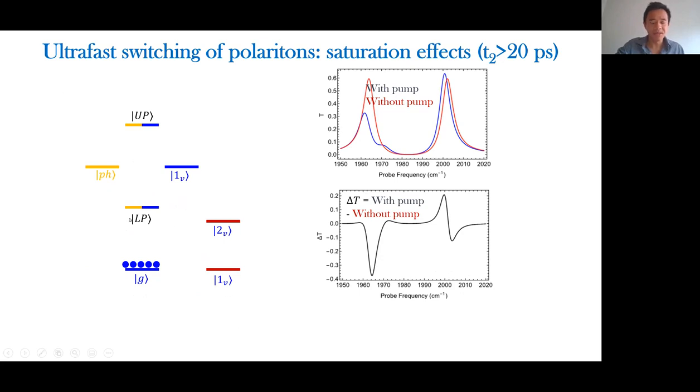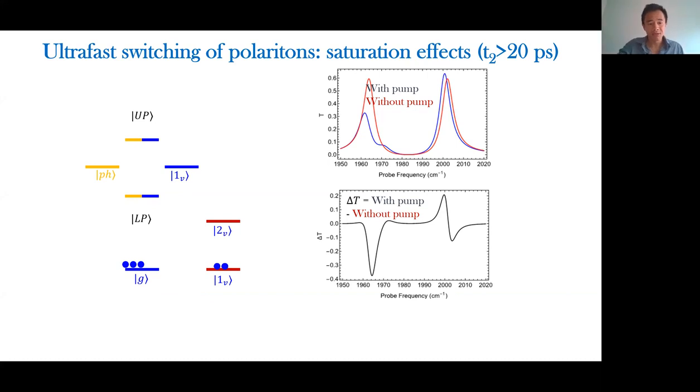Now you pump, say, the upper polariton, and then there's quick relaxation of that population into the dark states of, say, the fundamental transition of the molecule, right, the 0 to 1 transition. So there is dark state population. So now instead of having 5 molecules, you have only 3 bright transitions. So the Rabi splitting becomes square root of 3. So there's an optical saturation of the transition.